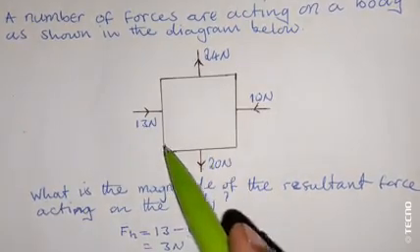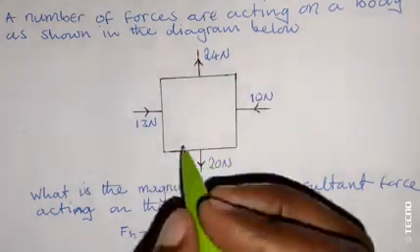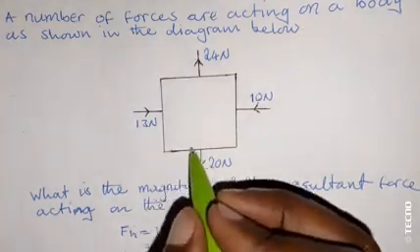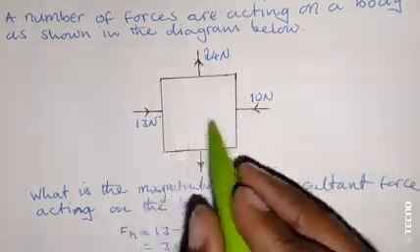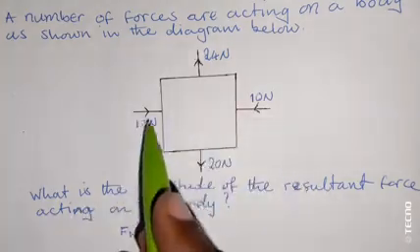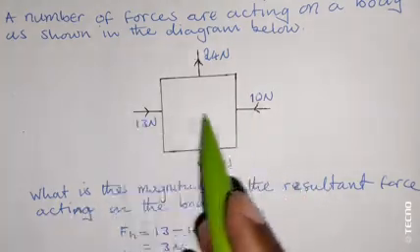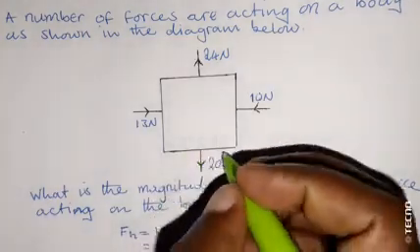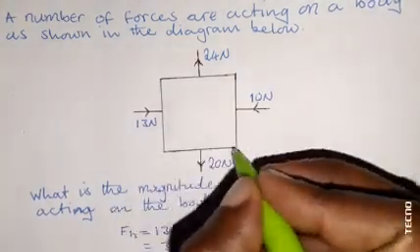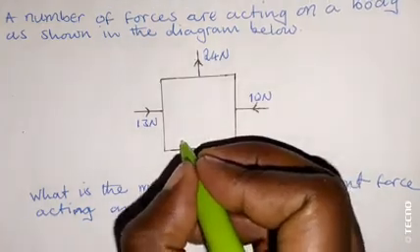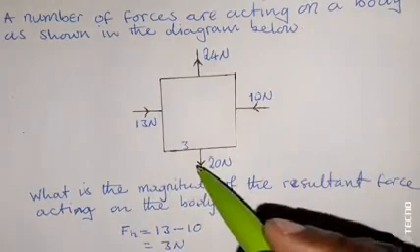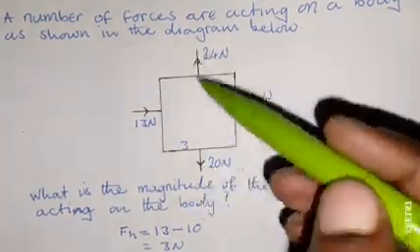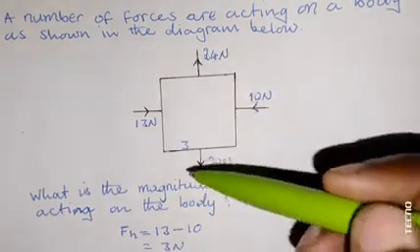So this is the force this side, 3 Newton. This 3 Newton is a horizontal force. So this distance from here up to there will be 3.